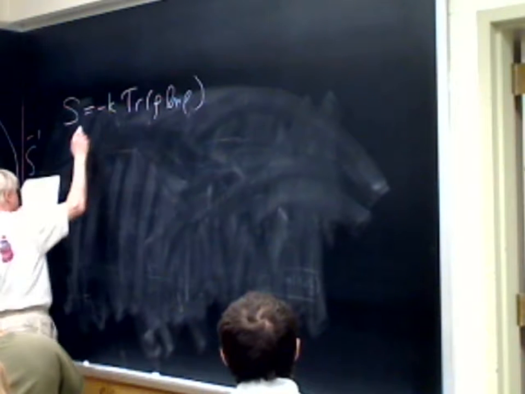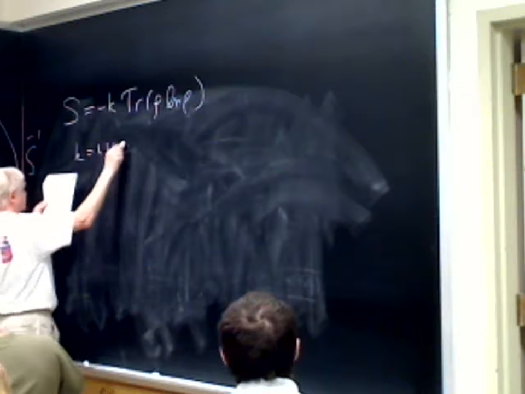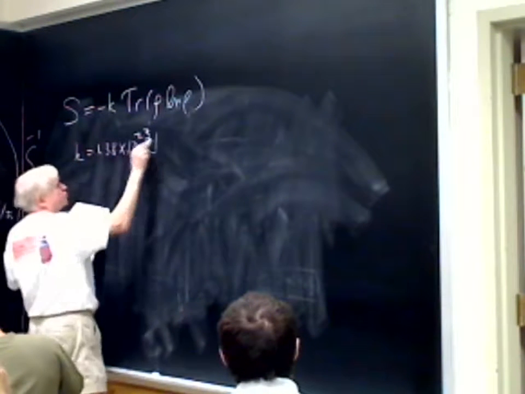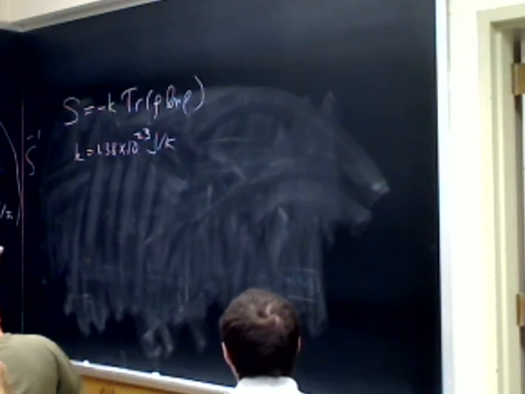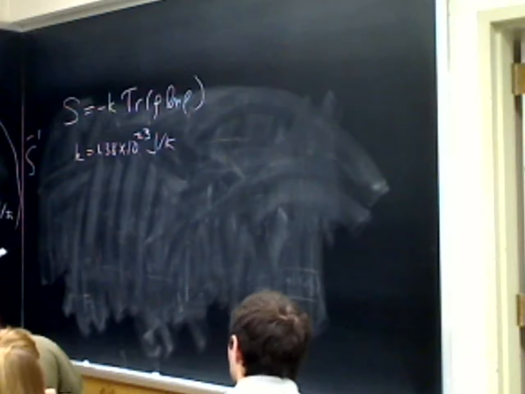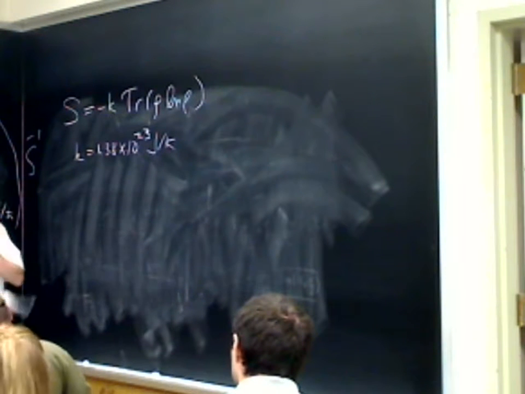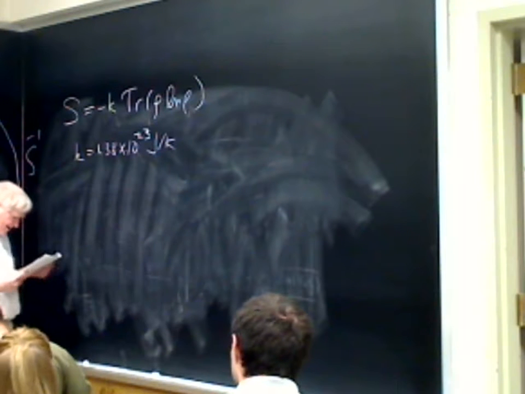k here is Boltzmann's constant, roughly 1.38 times 10 to the minus 23rd joules per degree Kelvin. And this is named after Ludwig Boltzmann, born in 1844 and committed suicide in 1906. I don't know what to say about that.